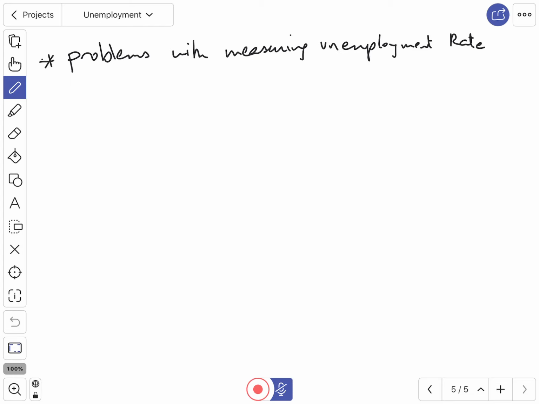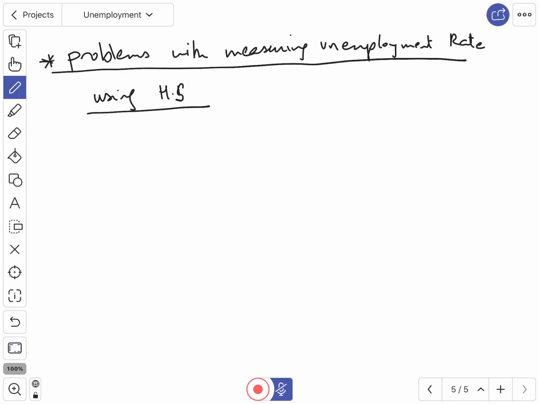So what are the different problems? To be more specific, problems with measuring the unemployment rate using the household survey, HS. The problem is there are many factors that can make us underestimate unemployment or overestimate it.